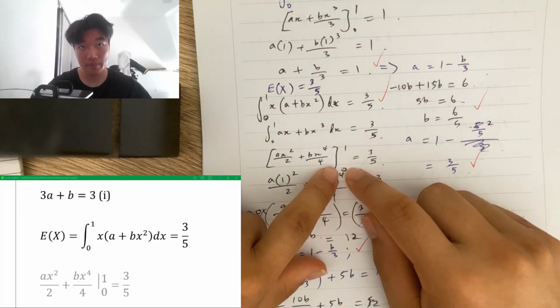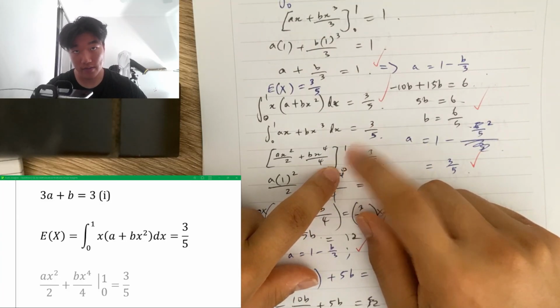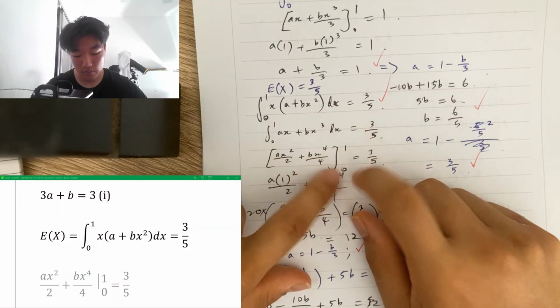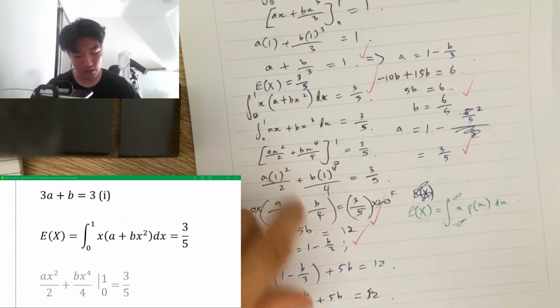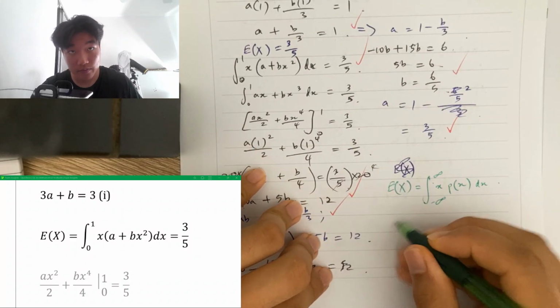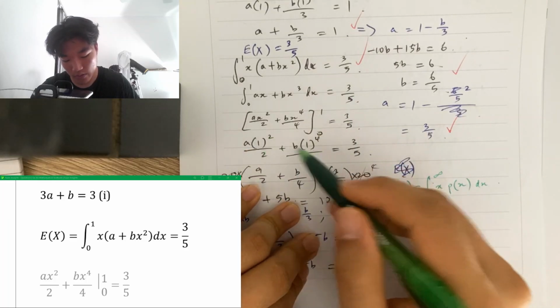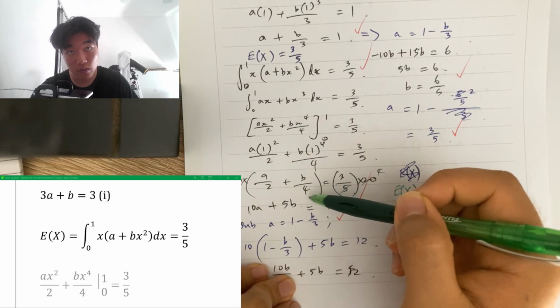Okay, so just make sure in an exam you recognize that when you sub in 0, it's going to go to 0 here. But when it's not 0, actually sub it in. When we're subbing in 1, we get a over 2 plus b over 4.